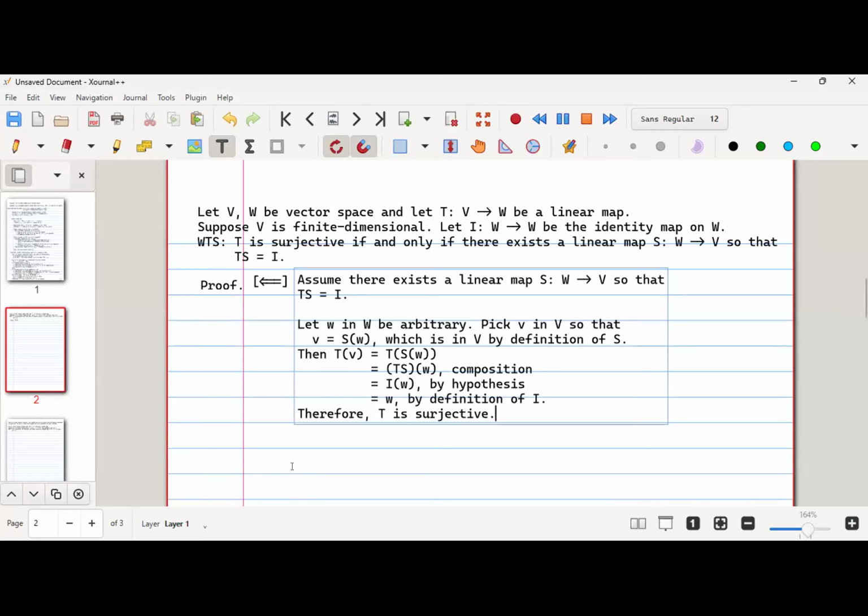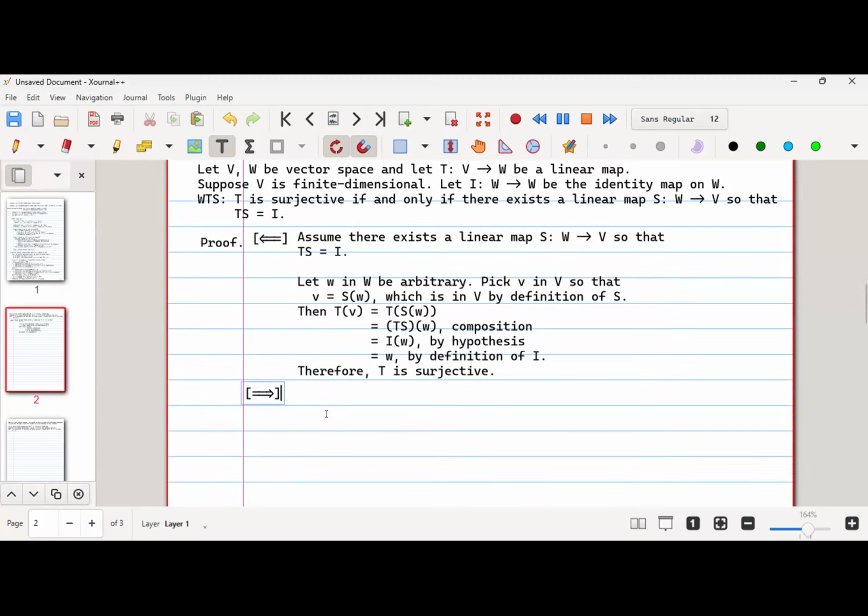Okay, so this one was pretty easy. This other direction, however, will require a bit more work, right? Because you need to show that there exists a linear map S that satisfies this.